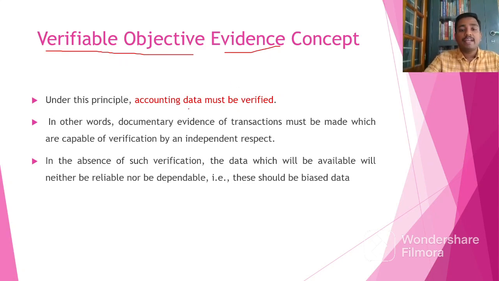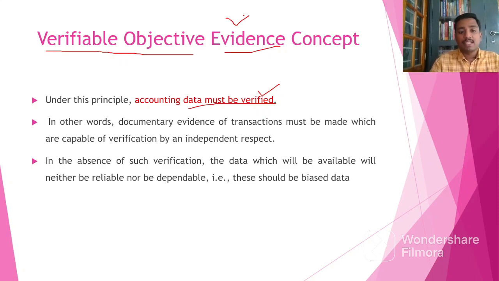So the accounting data should be verified, and for verifying that there should be evidence. That may be a voucher, a slip, or a payment slip, etc. This could be produced for verifying its objective evidence.